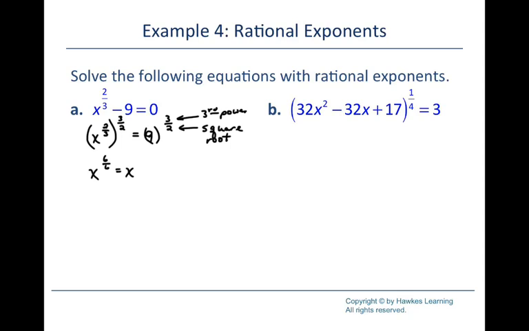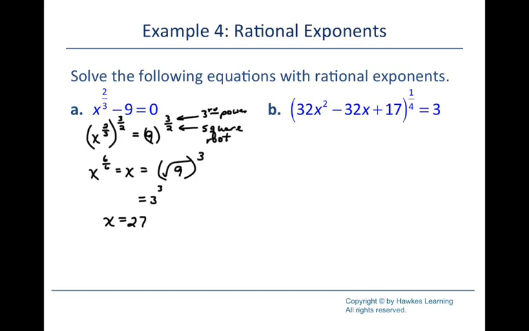Okay, so what you can write that then is the square root of 9 raised to the third power. That's 9 to the 3/2 power. Well, the square root of 9 is 3 cubed, and so x then is equal to 27.